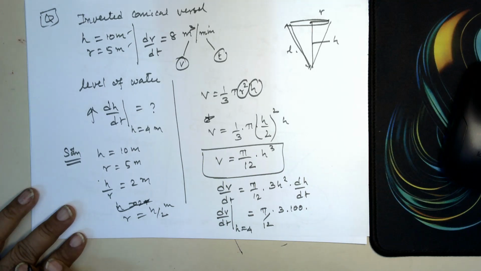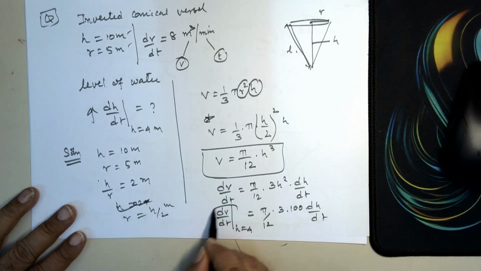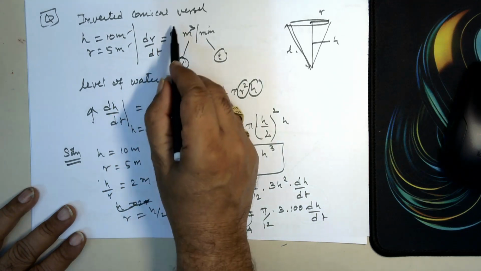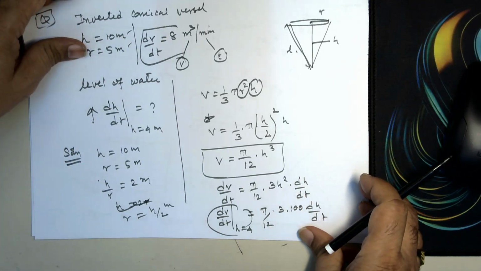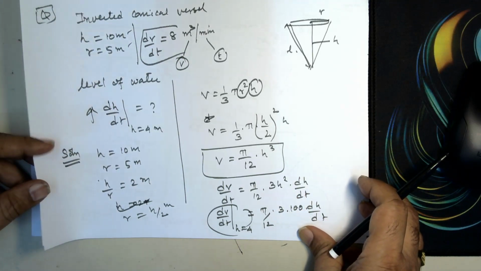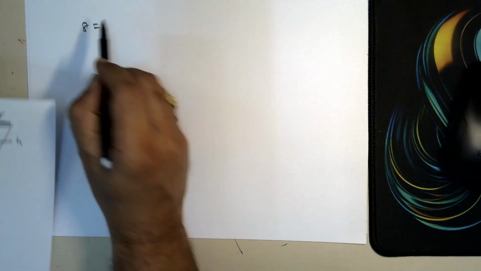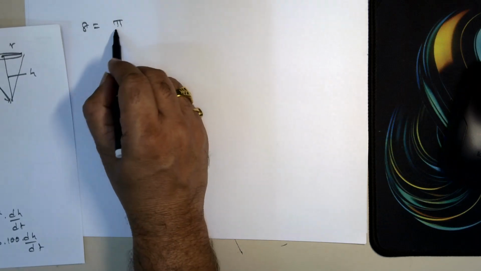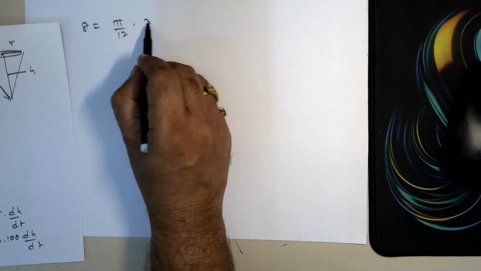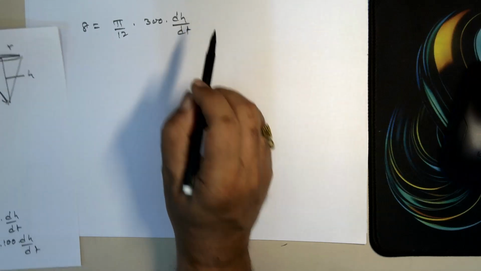And this value dV by dt is already given as 8. So we can cleverly replace this value by 8. Therefore 8 is equal to pi by 12 and you have 300 into dh by dt, which we are interested in.